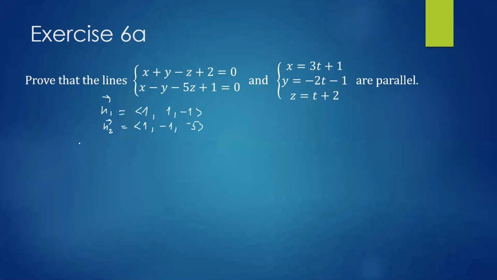So from this, we can find the direction vector for the first line as the vector product of these first two normal vectors of the planes. Remember, these are planes, so we must use the normal vectors and we must find the perpendicular vector.